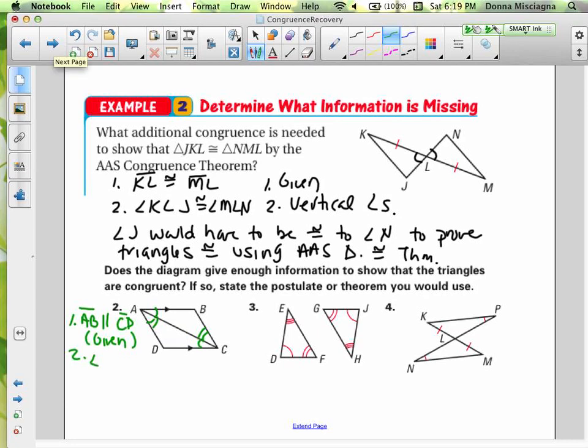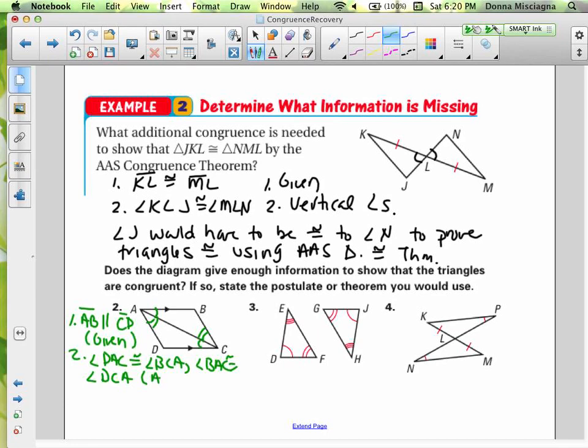So now we're bringing back things we learned about parallel lines. Angle DAC would be congruent to angle BCA, and angle BAC would be congruent to angle DCA.